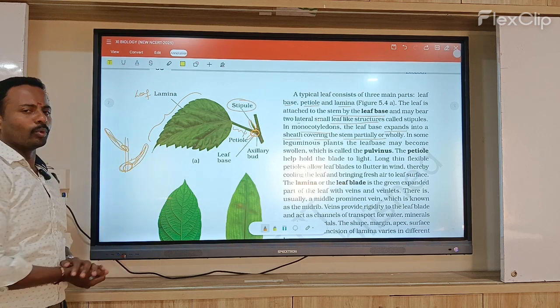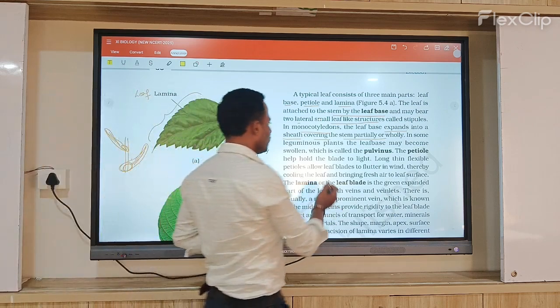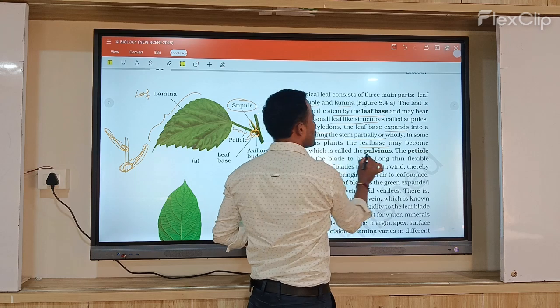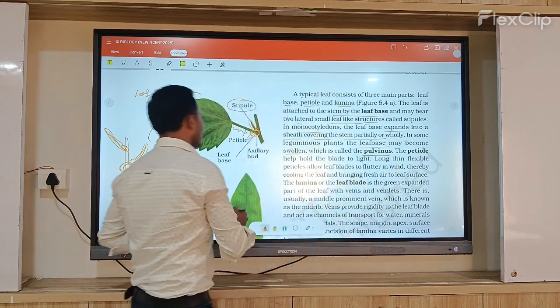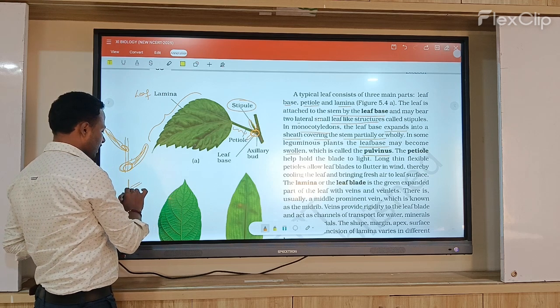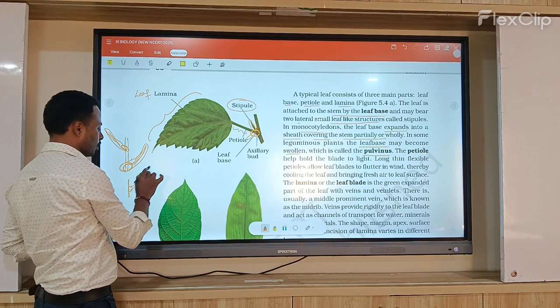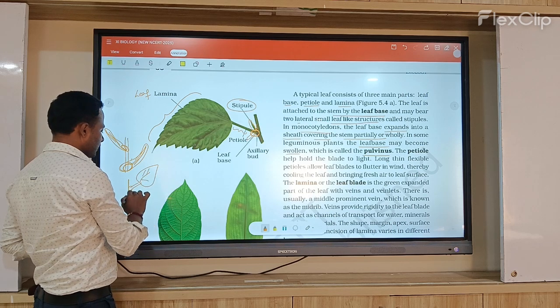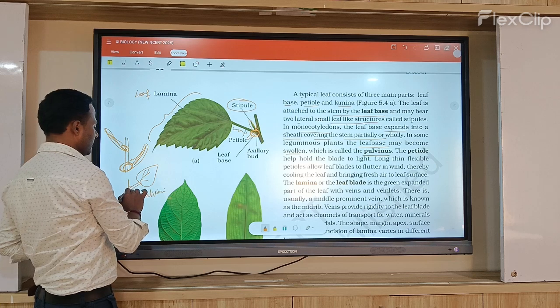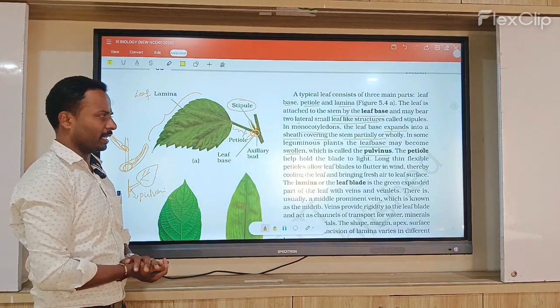In some legume plants, the leaf base may become swollen, which is called a pulvinus leaf base. In some members, where the leaf is attached, a swollen part is noticed. That swollen part is the pulvinus leaf base, in which food materials are stored.